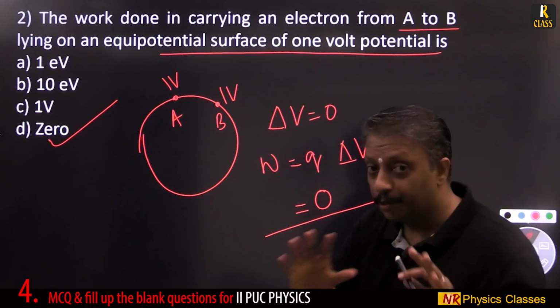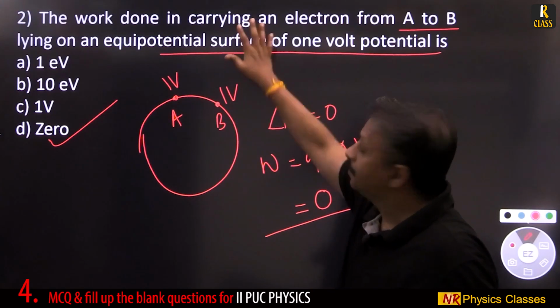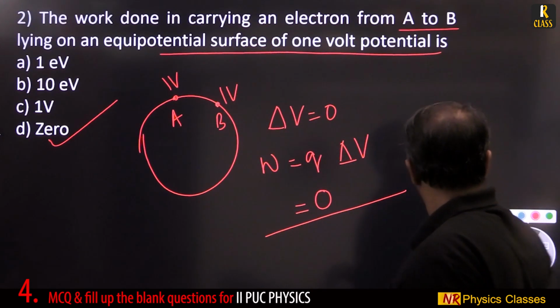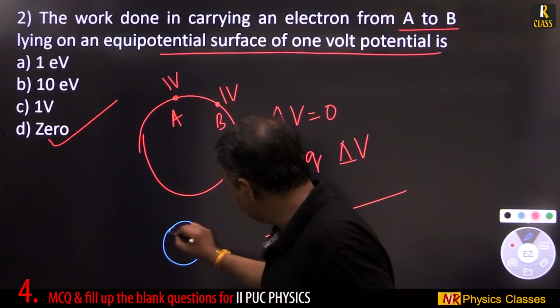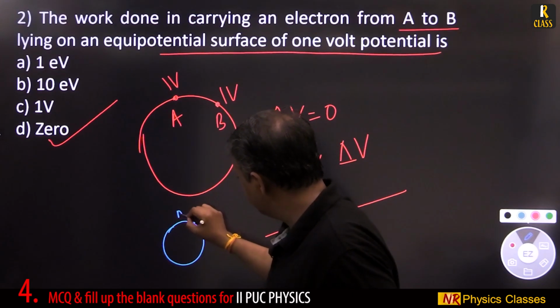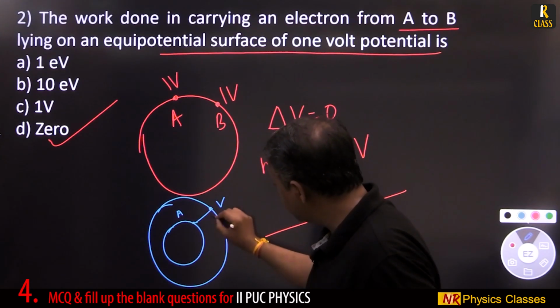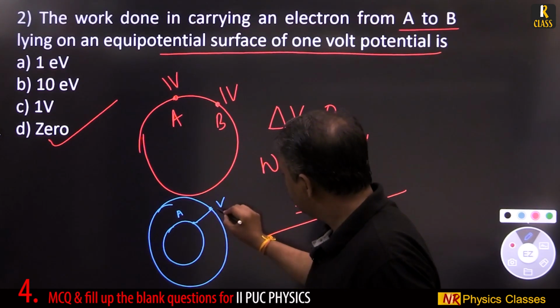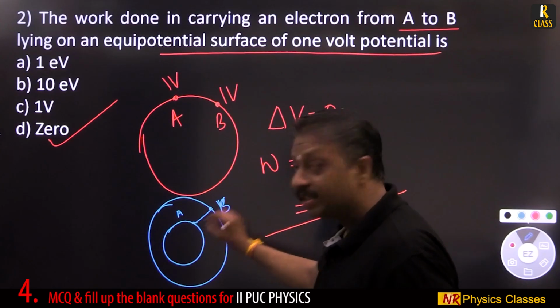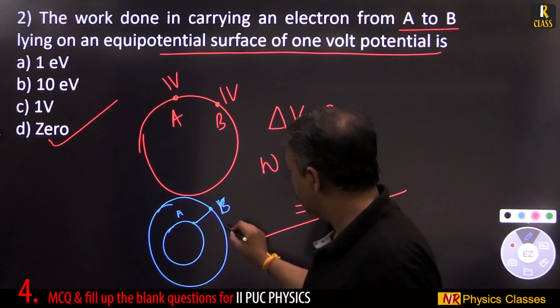If there are two different potentials, extra: if this is one equipotential with A and this is a second equipotential with B, potential difference is 1 volt. This is B. Potential difference is 1 volt.